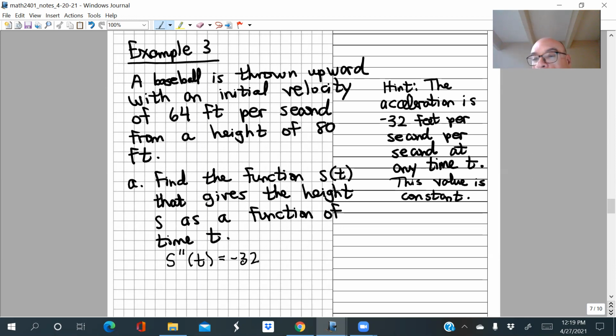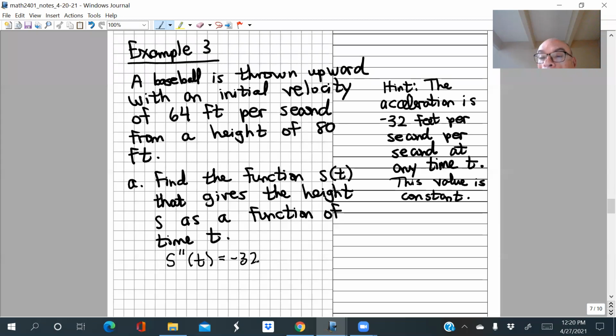That's a lucky feature of gravity. The acceleration is not determined by the weight of the object. It's always a constant, minus 32 feet per second, not meters per second or centimeters per second.